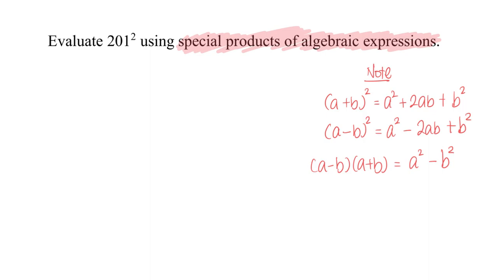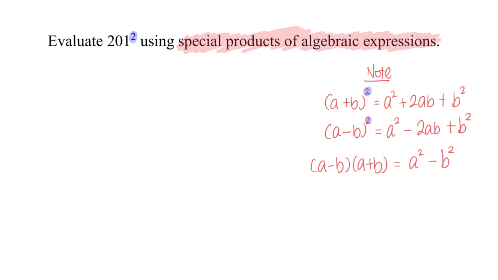Okay, so which one could it be? Well, I saw that this number 201, I could use it as such, a number square. So now I got this square and this square, right?